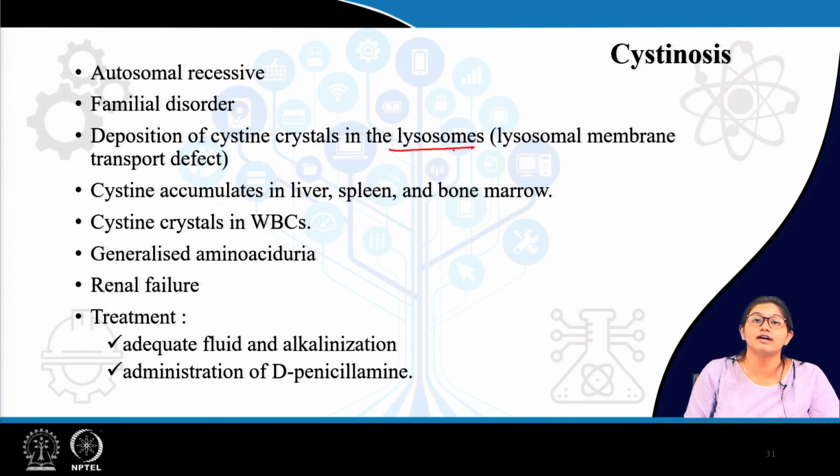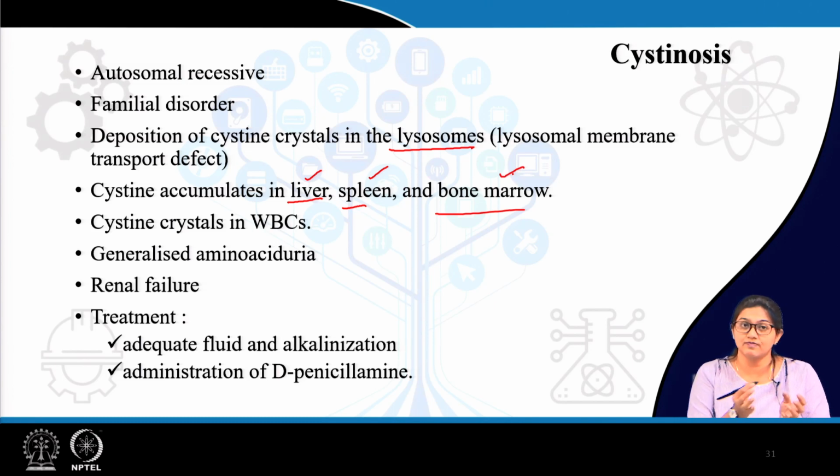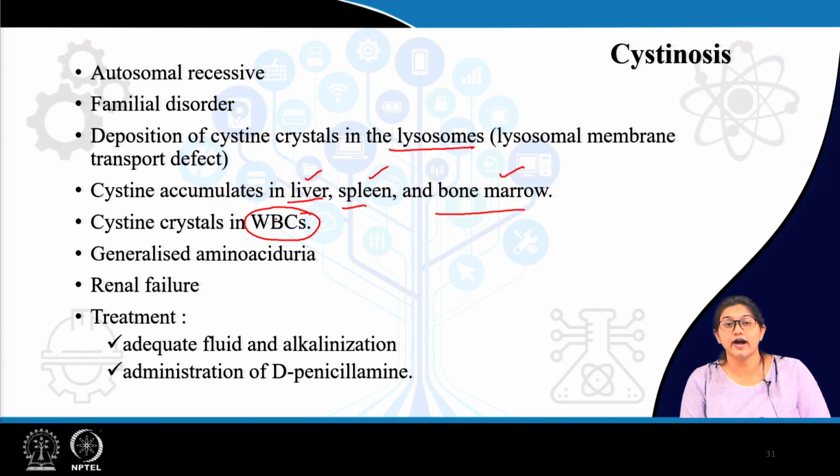And which organs are affected? Liver, spleen, bone marrow, they are affected. So, cystine crystals are accumulated in liver, spleen, bone marrow, as well as these crystals can be detected in white blood cells. What will happen?